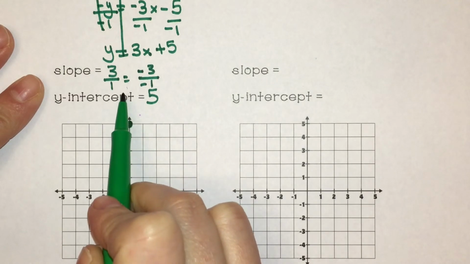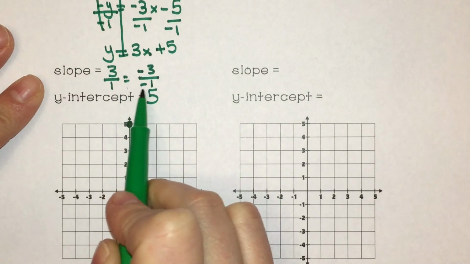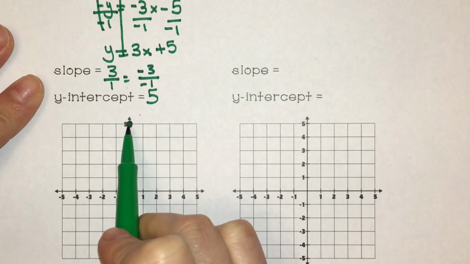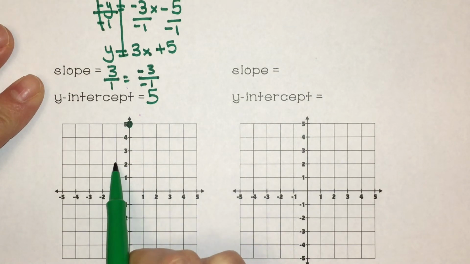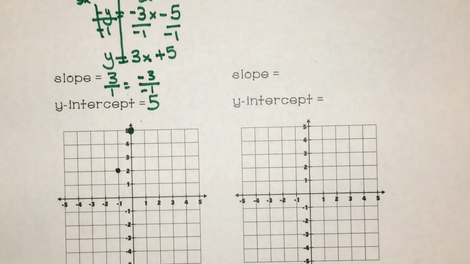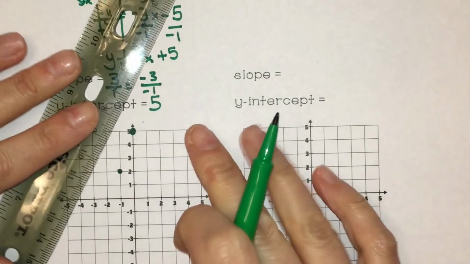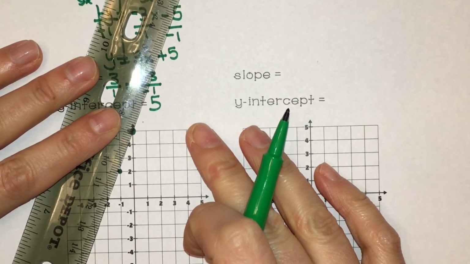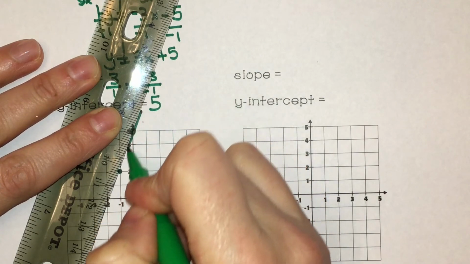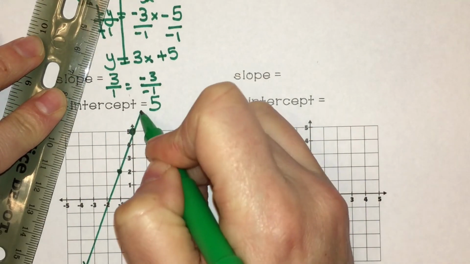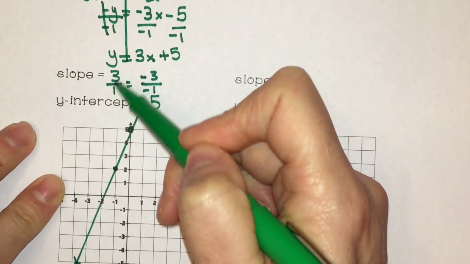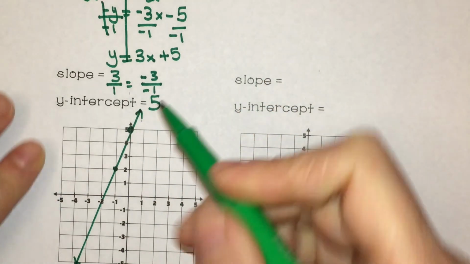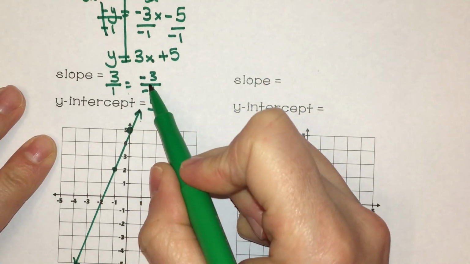So rising 3 and running positive 1 is the same thing as going down 3 and going to the left 1, and it's exactly the same. So if you run out of room on your graph, just go the opposite direction for both of them. You have to change the direction for both, and it'll be the exact same thing, because if I rise 3, run 1, it's still a point on this line.